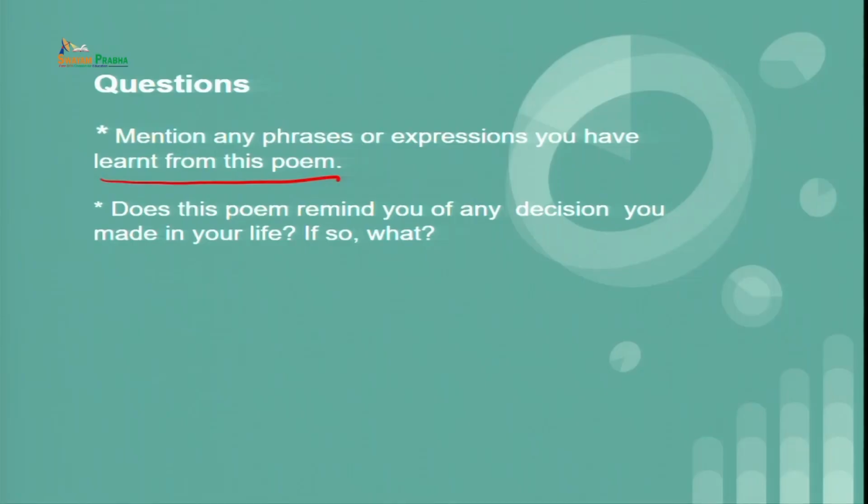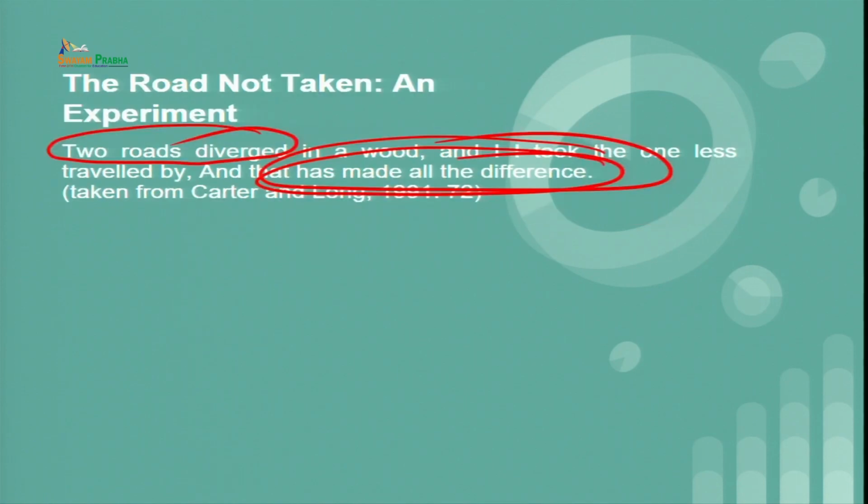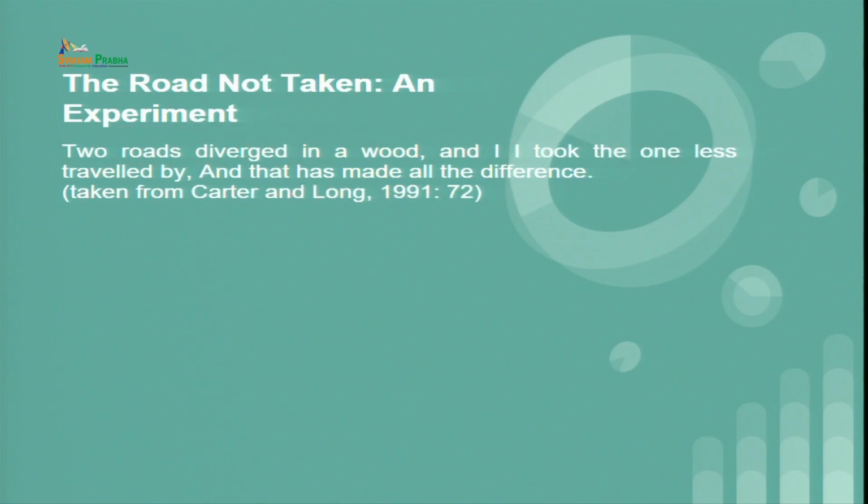Now the next question, as mentioned in this slide, says: does this poem remind you of any decision you made in your life? So let us not go into the literary meaning of these lines. Let us try to understand connotatively that we might have come across a position to decide one thing at a time.